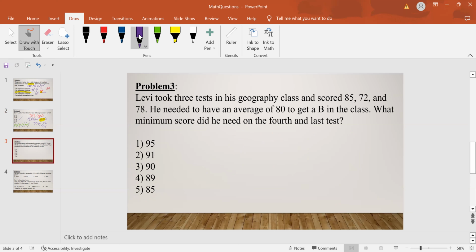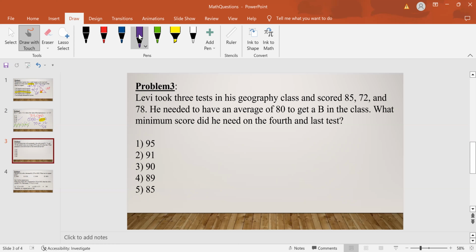What minimum score did he need on the 4th and last test? So we have 4 grades in total, but here only 3 grades were given. But the nice thing is that the average is 80. And we need the last grade to get this average of 80.